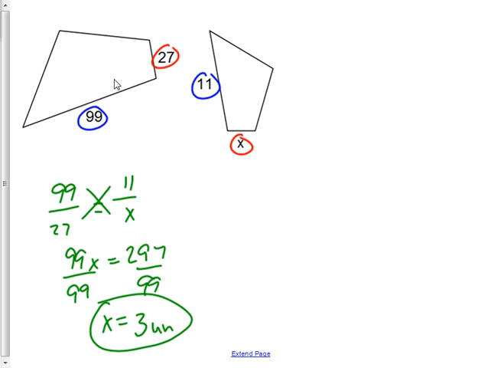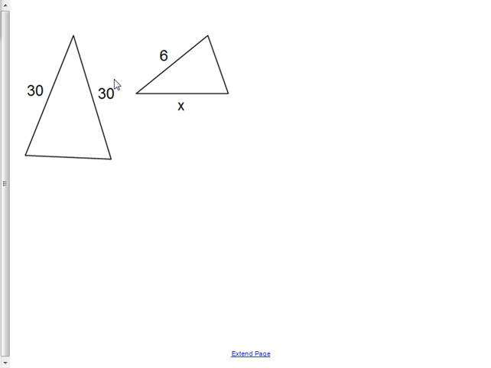All right, my last example here. In this case, I know that I have a 30 and a 30 and a 6 and an x. So we can go ahead and write x over 6 equals 30 over 30. Now, in this case, you should hopefully just be able to notice that these are the same, so these obviously have to be the same. So x should just equal 6.